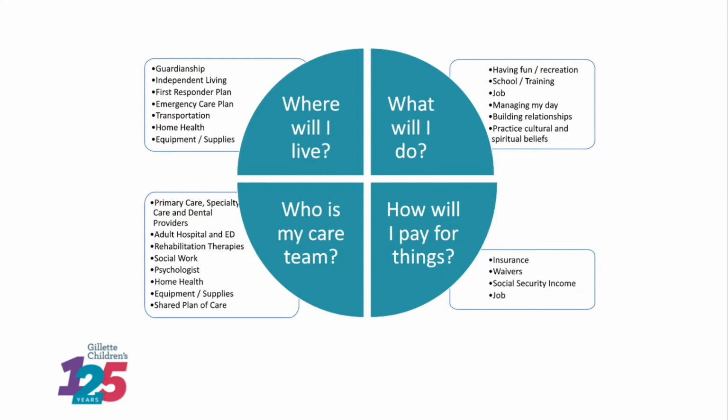What sort of skills around school, job training and things can we get to allow our patients to have these full, robust lives? And then, of course, all this is related to how are we going to pay for things? Are they going to get a job? How does that affect the benefits and waivers that they're eligible for? How do we look at this holistically?